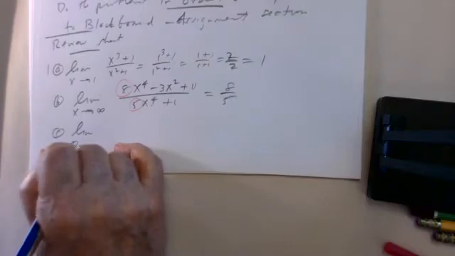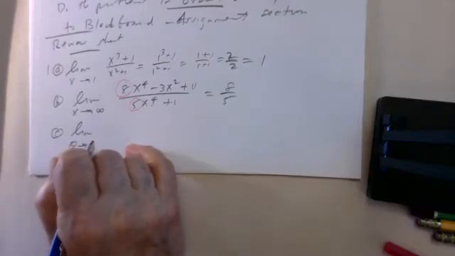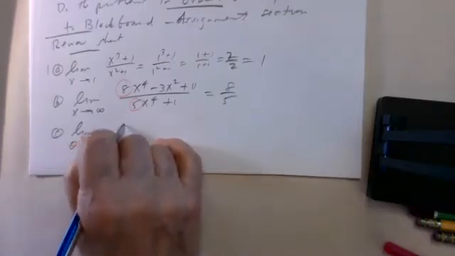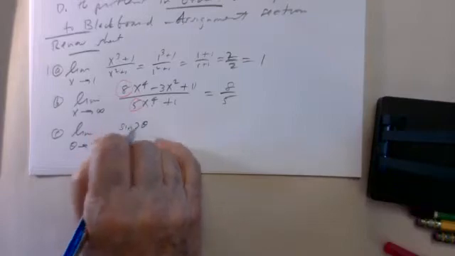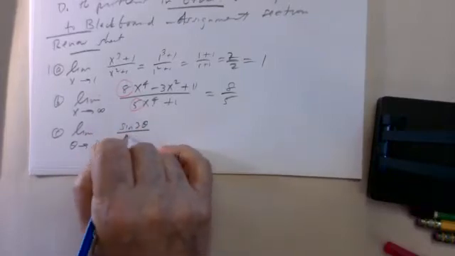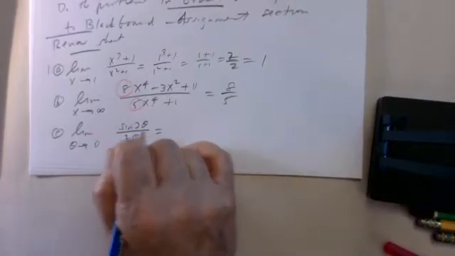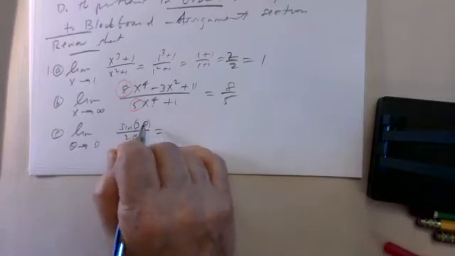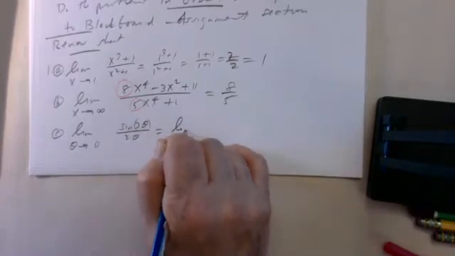C, we have a trigonometric limit as theta goes to 0 of sine of 3 theta over 2 theta. It would be nice to have a 3 theta in the denominator.